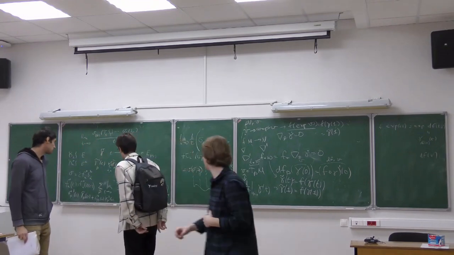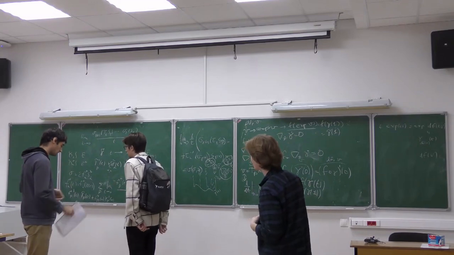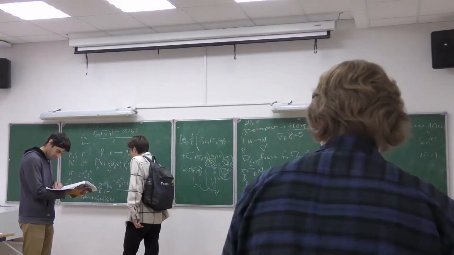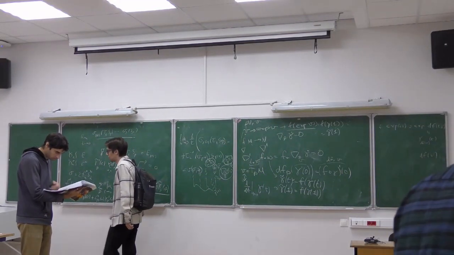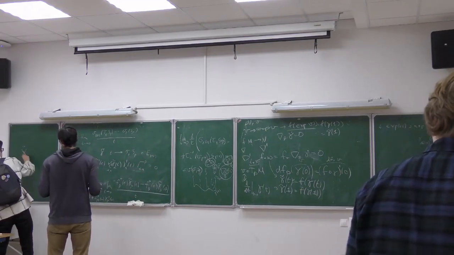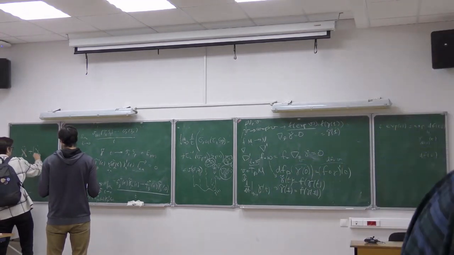А можете сказать? Там много всего, я мог ошибиться. Сейчас у меня получается что-то вот такое: x две точки, матрица x точка квадрат.